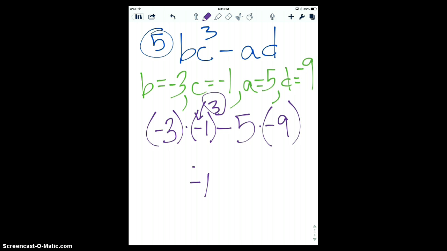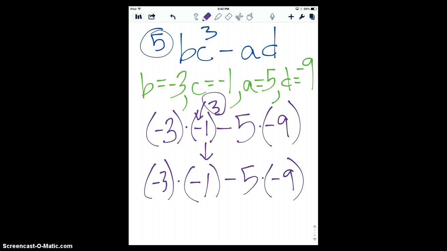Alright, and the problem is not done. So I bring down the rest of the problem. So this was -1 times -3 minus 5 times -9. Okay, order of opping. I'm not going to deal with this subtraction. I'm going to deal with the multiplication from left to right. So -3 times -1 is 3. I'll bring down the rest of the problem.